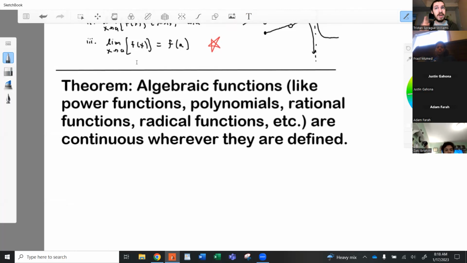Okay, not all of them. There's a couple things I haven't included yet, but we'll get to those in a second. These are all continuous wherever they are defined.